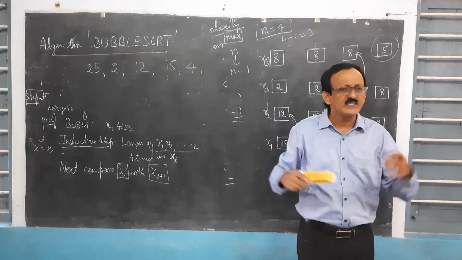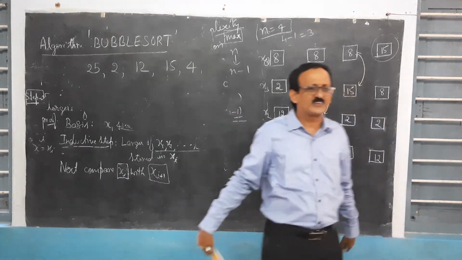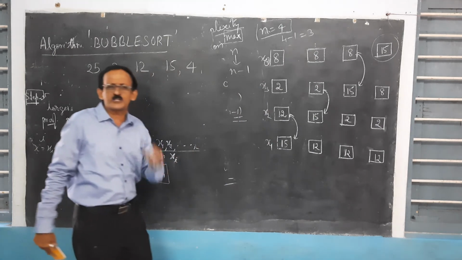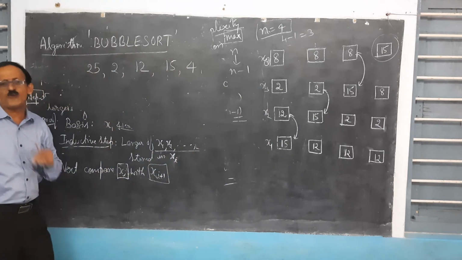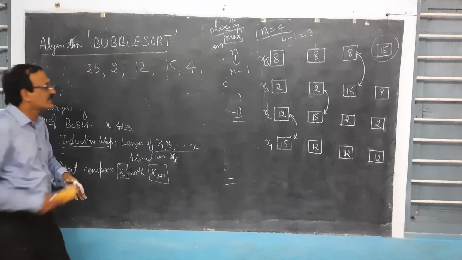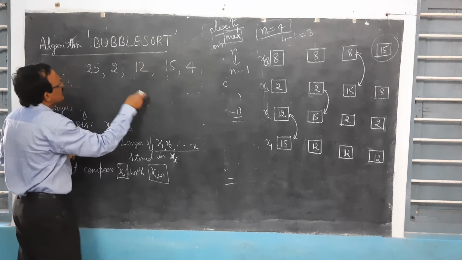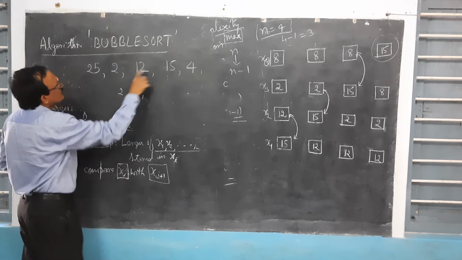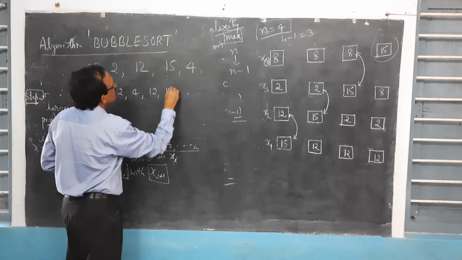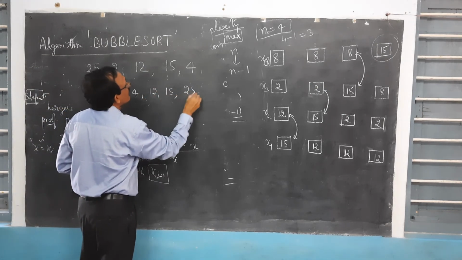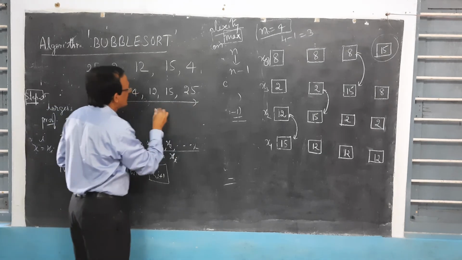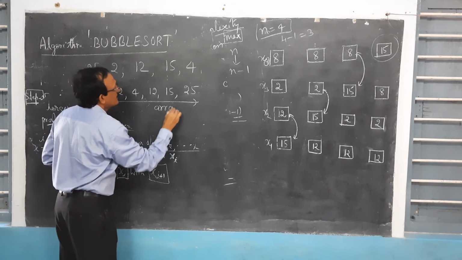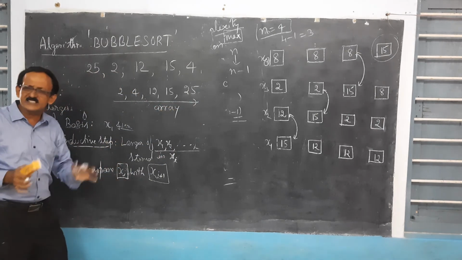It sorts and puts them in ascending order. The values will be put in the increasing order of magnitude, ascending order. See how the ascending order comes: 2 should come here, then 4, so 2, 4, then 12, then 15, then 25. That means it comes in array form, in increasing order of magnitude.